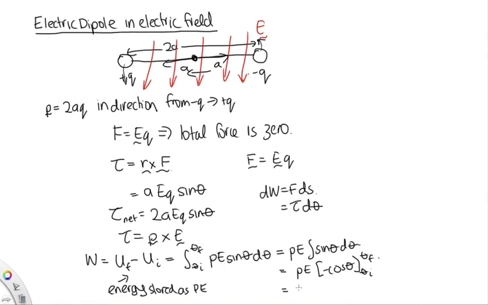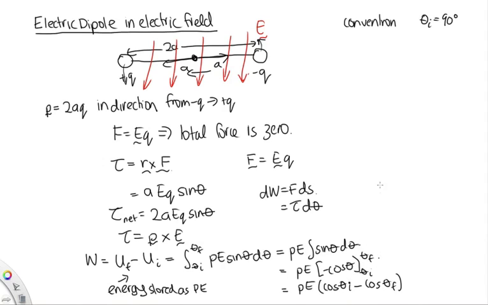And now to get rid of this negative sign, we'll just do them in the reverse order: PE times cos theta initial minus cos theta final. And now by convention, we tend to take the initial angle as 90 degrees. So cos of 90 is equal to 0.